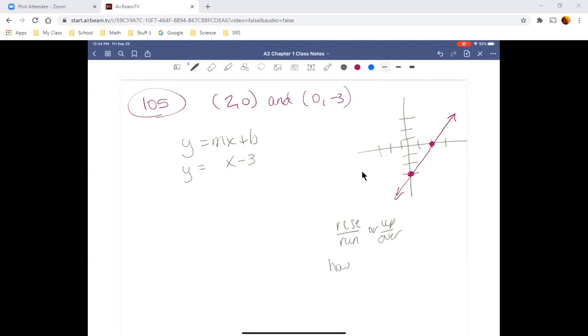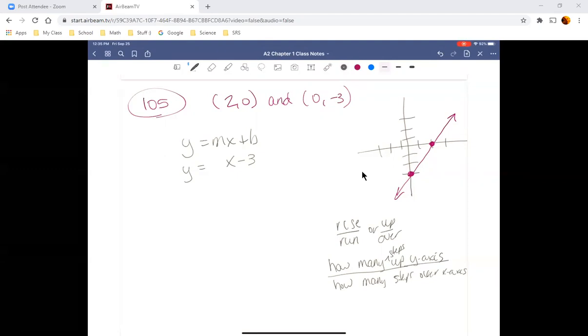How many steps up the y-axis, and how many steps over the x-axis?